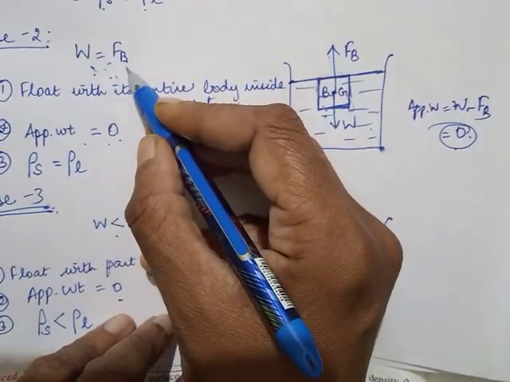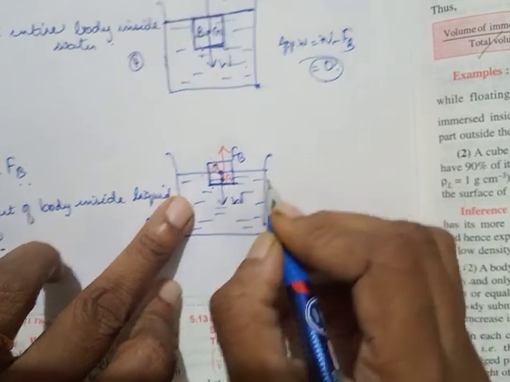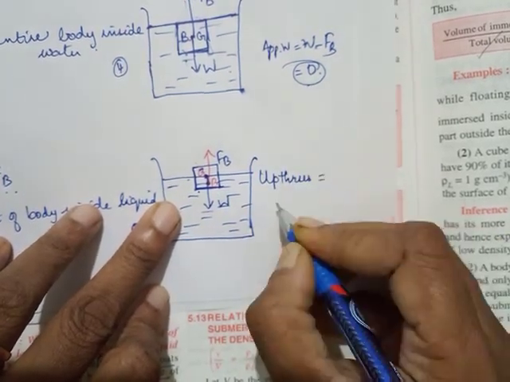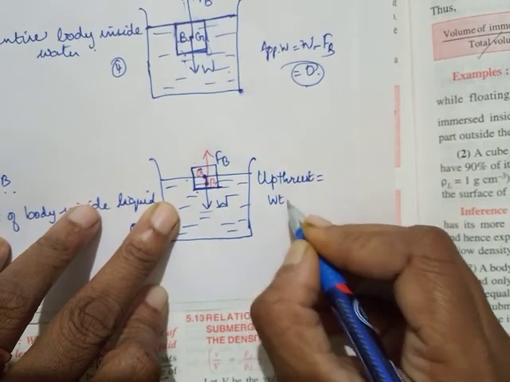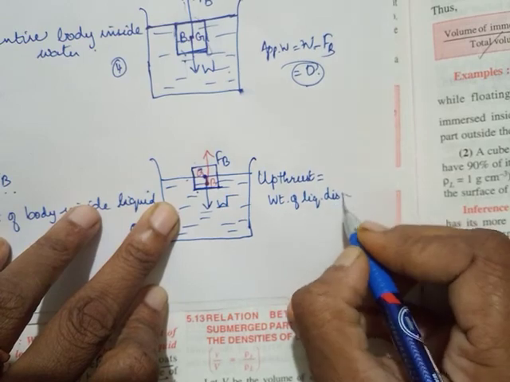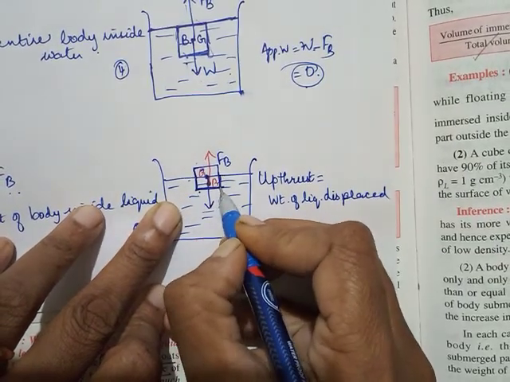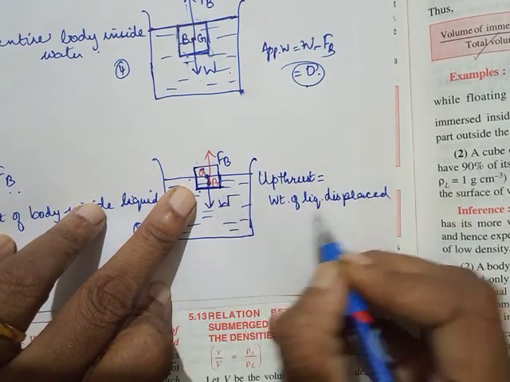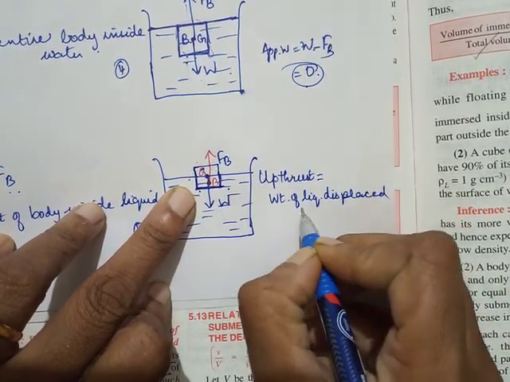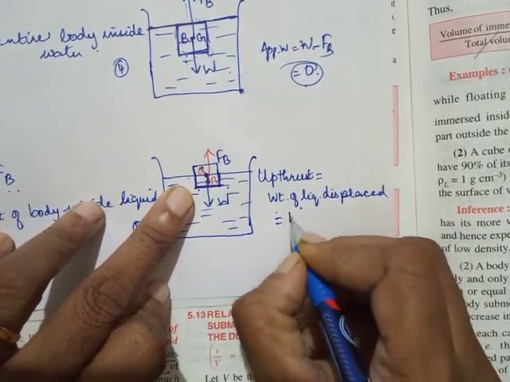According to Archimedes' principle, upthrust is equal to weight of liquid displaced. It will submerge to such an extent that it displaces liquid whose weight becomes equal to the weight of the floating body.